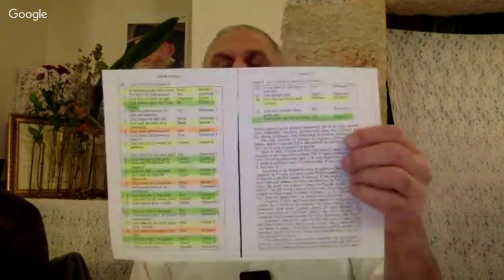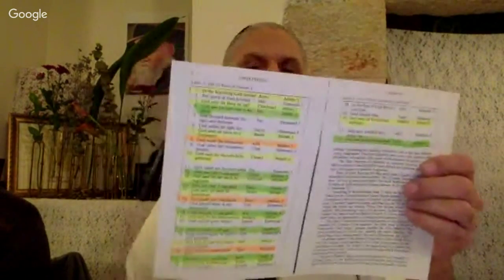You don't have colors in yours, I just have colors in mine, but you can do that at home. So this is a page from Rabbi Kaplan's Sefer Yetzirah. There was one thing I didn't get to look up, because there was one problem we had with one detail. But the point is that it's a very amazing thing. It's like the whole Sefer Yetzirah in one chart.